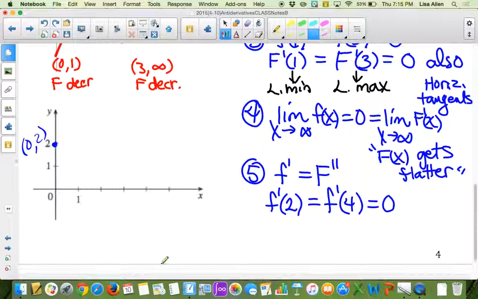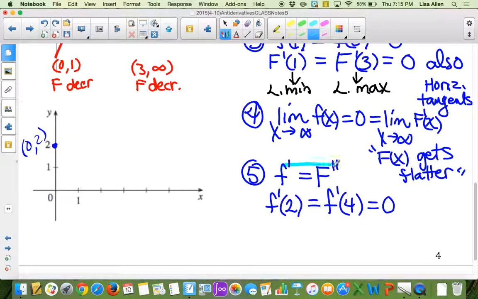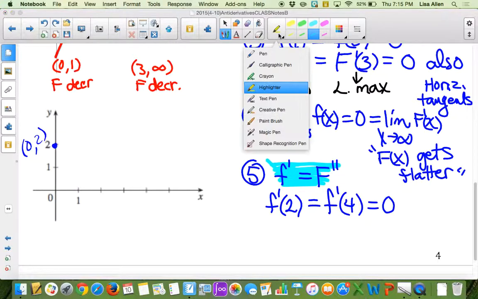There we go, these are equal to each other. The slope of the f graph, lowercase f, is equal to the second derivative of the capital F graph, or the antiderivative graph. So let's write this down now.